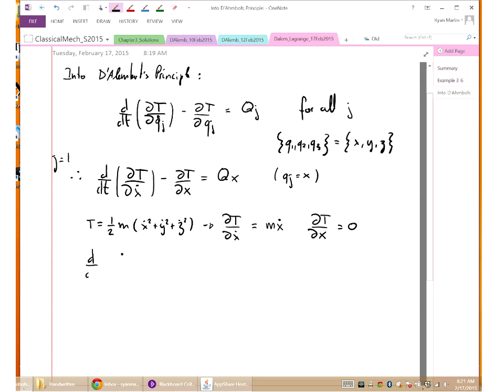And then finally, I really need d/dt of ∂T/∂ẋ. So that's d/dt of mẋ. m is a constant, so then it's m d/dt of ẋ, and we call that x double dot. So it's mẍ. Alright, so mẋ is m times the speed in the x direction, and mẍ is m times the acceleration in the x direction.